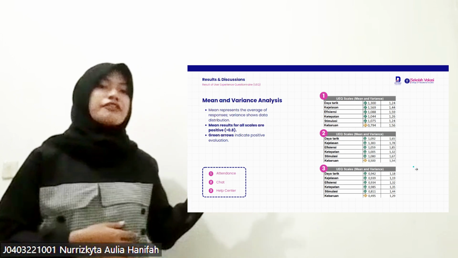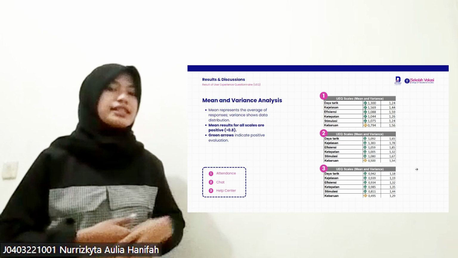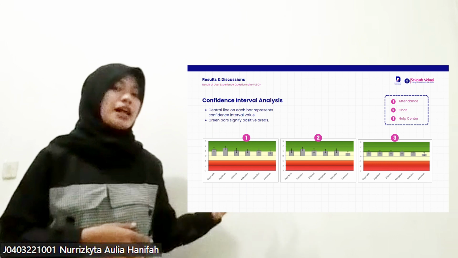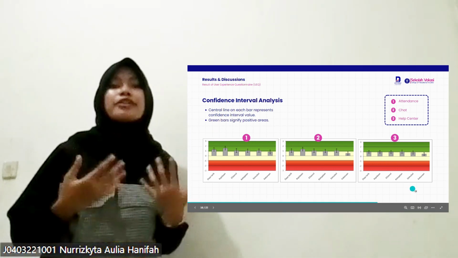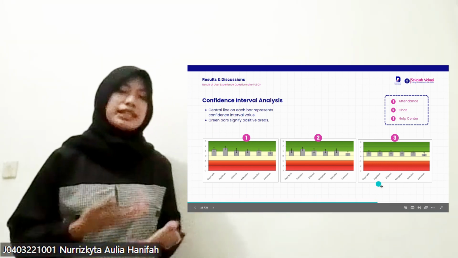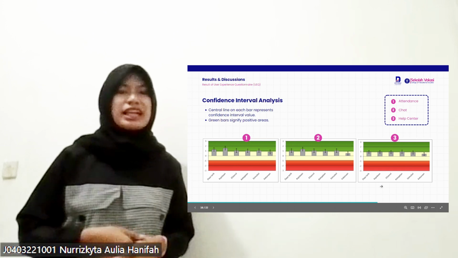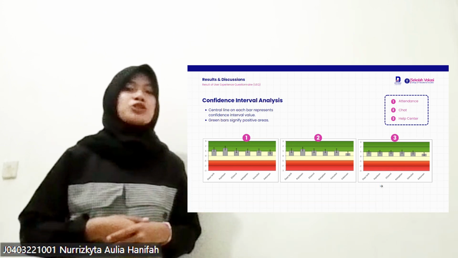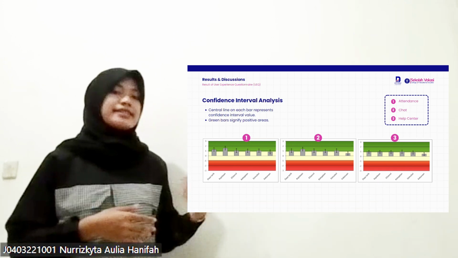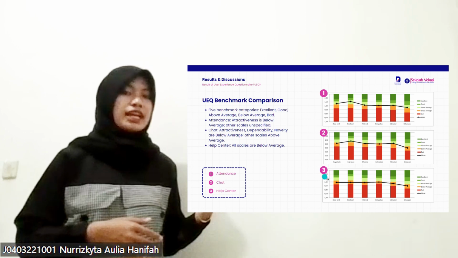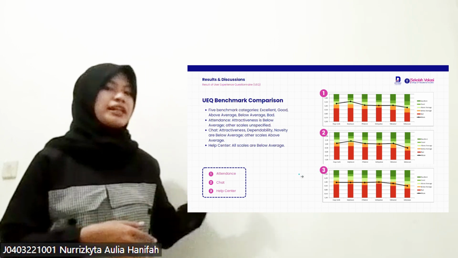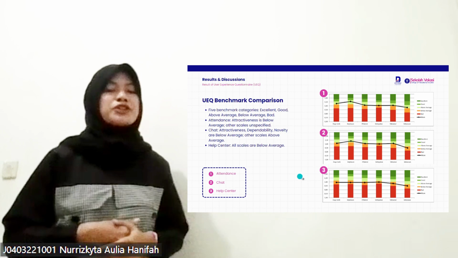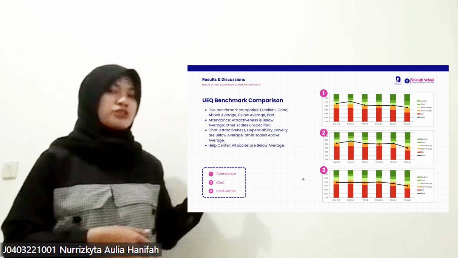This figure shows confidence intervals for three features: attendance, chat, and health center. It helps us understand variability and reliability in user responses. Next, the UEQ result shows that attendance scores highest in attractiveness at 1.13, chat scores best in pragmatic quality at 1.15, especially in perspicuity at 1.3.